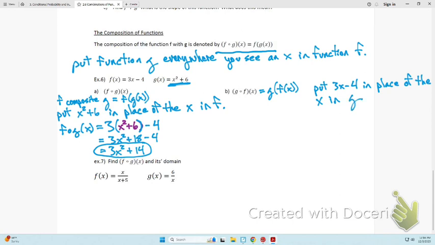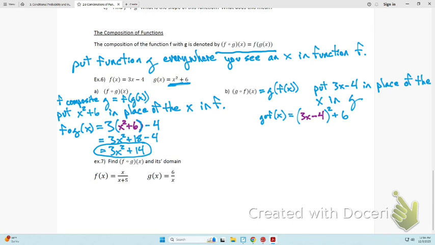So I start writing g, and right away I see an x. So let's write 3x minus 4 in place of that x. Then write the rest of function g.